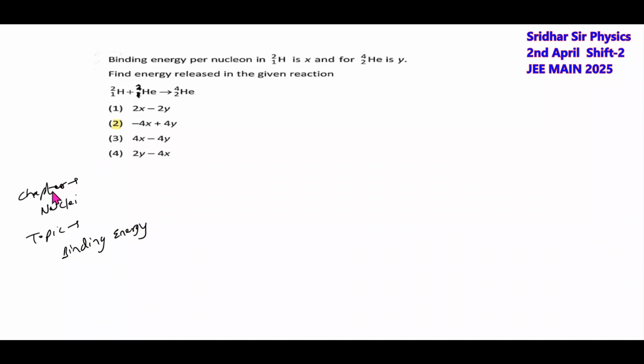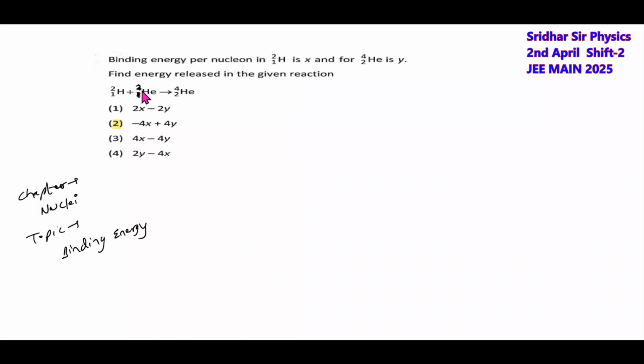This question belongs to the chapter nuclei or nuclear physics, and the topic is based on binding energy. Binding energy per nucleon of deuterium is x, that of the helium nucleus is y. Find the energy released in the given reaction.